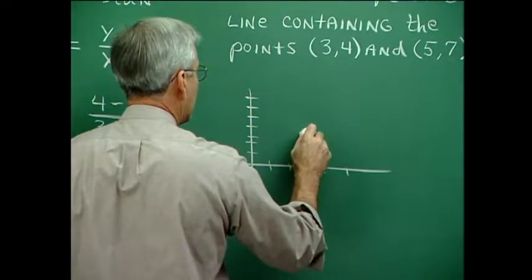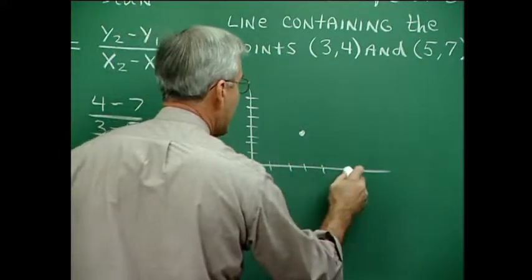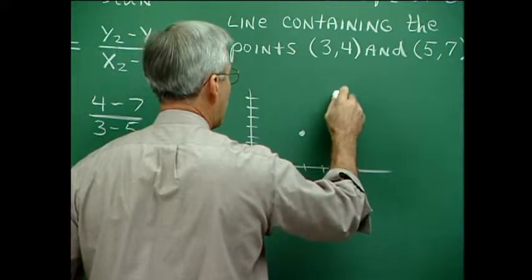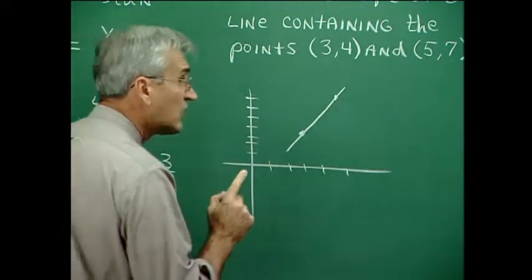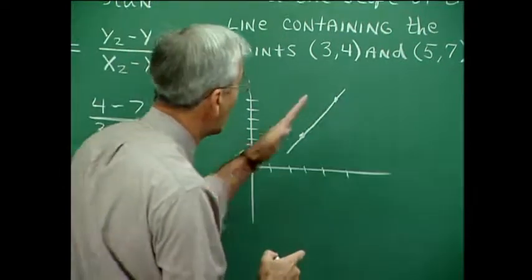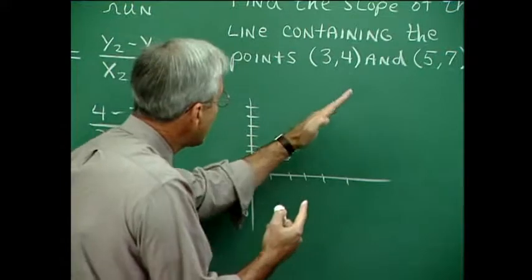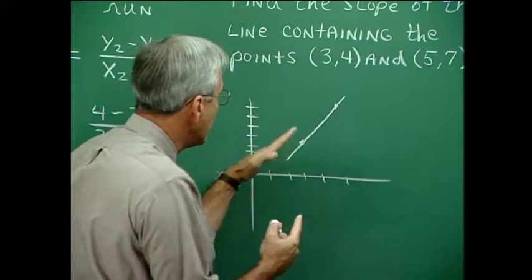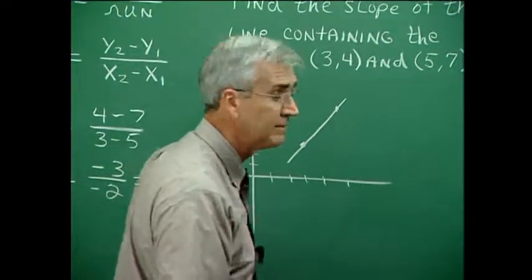I had to jam these just a little bit because I don't have a lot of room here, and then 5, 7. That's up about right here. So yes, indeed, this is about what we would expect. A slope that is positive goes uphill from left to right. And because it's 1.5, it has a little more steepness than a 45-degree angle, which would be a slope of 1.